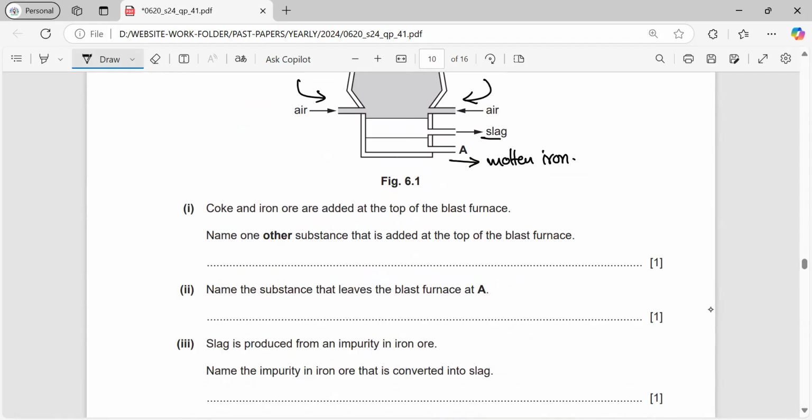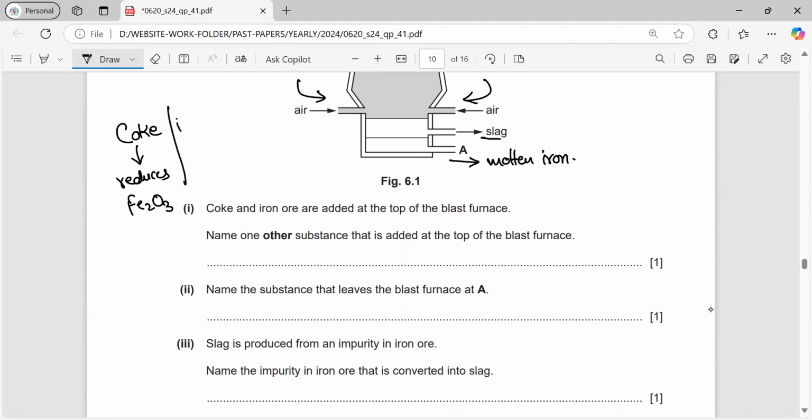Coke and iron ore are added at the top of the blast furnace. Name one other substance that is added at the top of the blast furnace. So at the top of the blast furnace, we add coke because it reduces iron oxide to get iron.